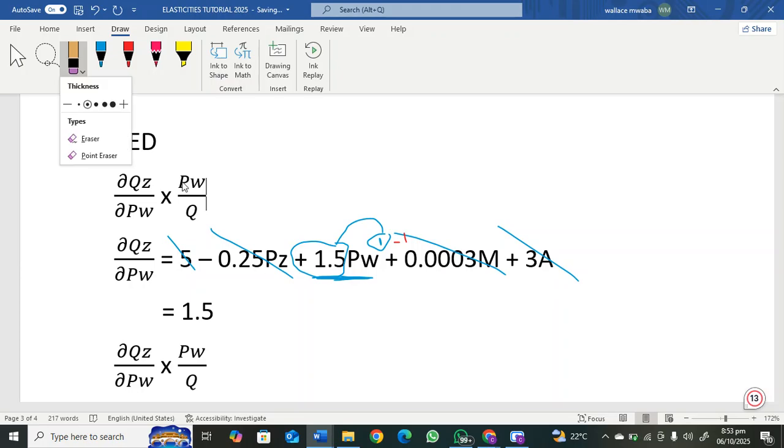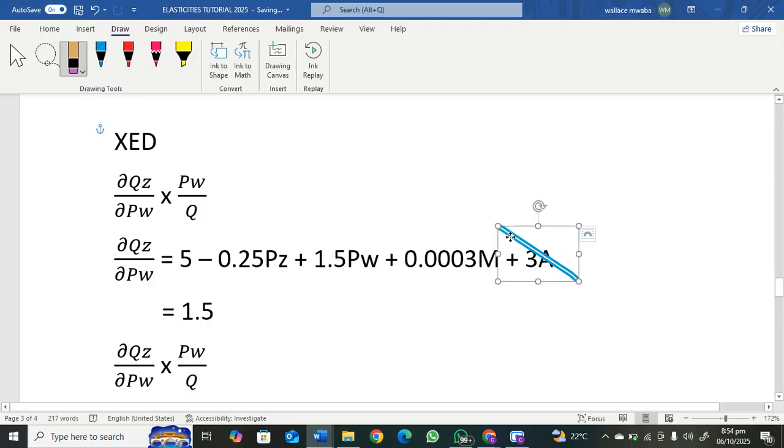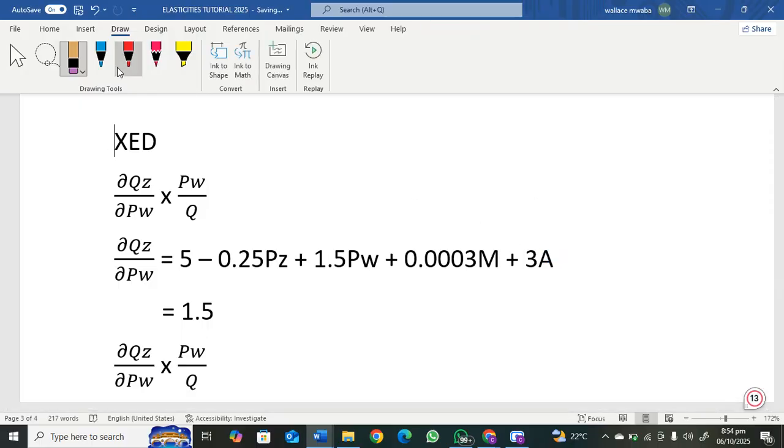So we get the partial derivative. As I said, the trick here, when you look at this demand function, since we're deriving with respect to PW, if a number doesn't have a PW, it disappears. You ignore it. So this 5 doesn't have a PW. This 0.25 doesn't have a PW.